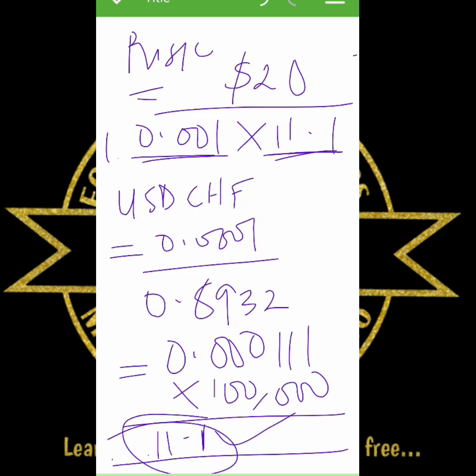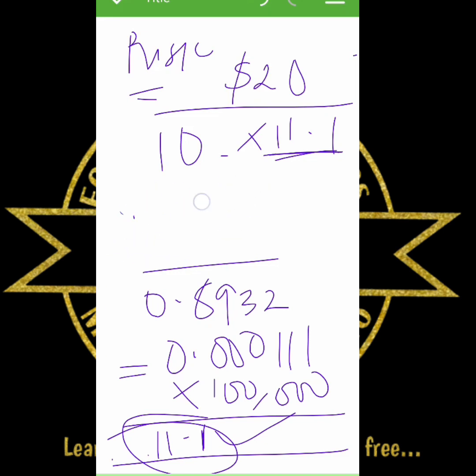Oh, I'm sorry. I think I made a mistake somewhere. This place is supposed to be 10, not the value we've already used to calculate here, so there's no point. So we'll put 10 pips now. And if we do that, our answer is 0.18 lot.